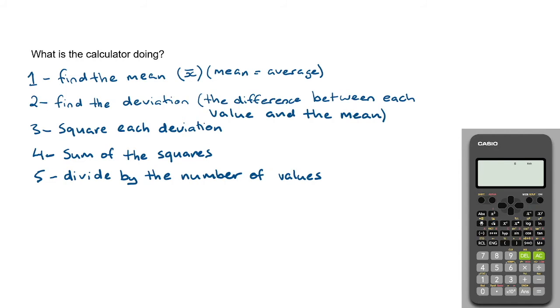And then once we've done that, take the square root of the value of dividing by the number of values. So this comes out to be a quite complicated and convoluted formula that, yes, I will show you, but no, we won't use.